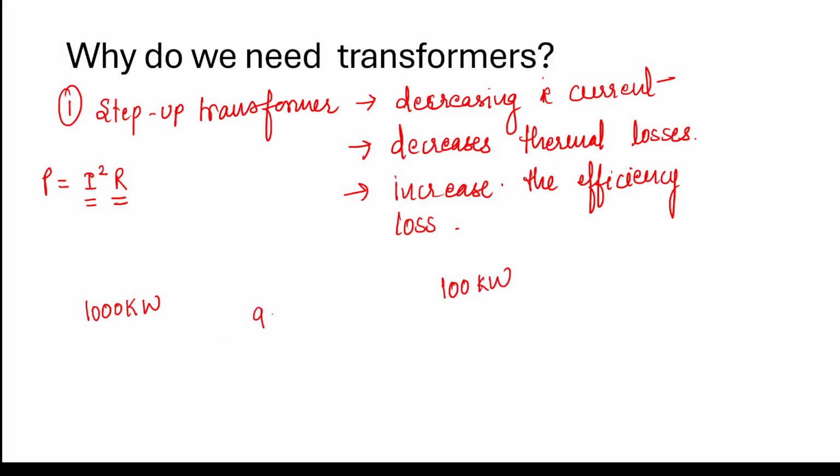You have lost 900 kilowatts as thermal losses in the cables. You wouldn't want that. You are not cashing in on that. You're producing 1000, but you're selling only 100. You've lost this. You don't want that. So how can you reduce that? By using a step-up transformer, a simple thing, which decreases current, decreases thermal losses, increases the efficiency. Okay, why did I write loss here?